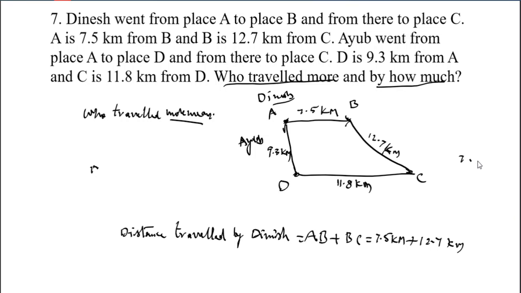As we know, write the point under point. 7.5 and 12.7.